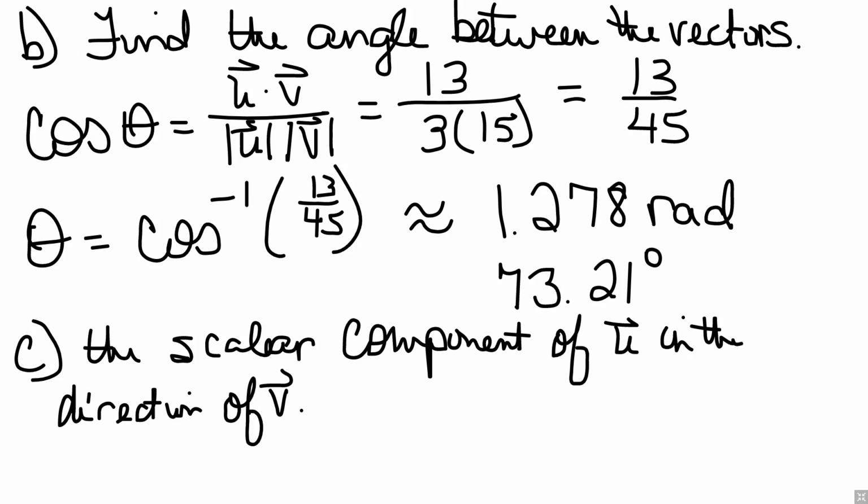In the equation, the magnitude of vector u times the cosine of theta is equal to u dot v over the magnitude of v.